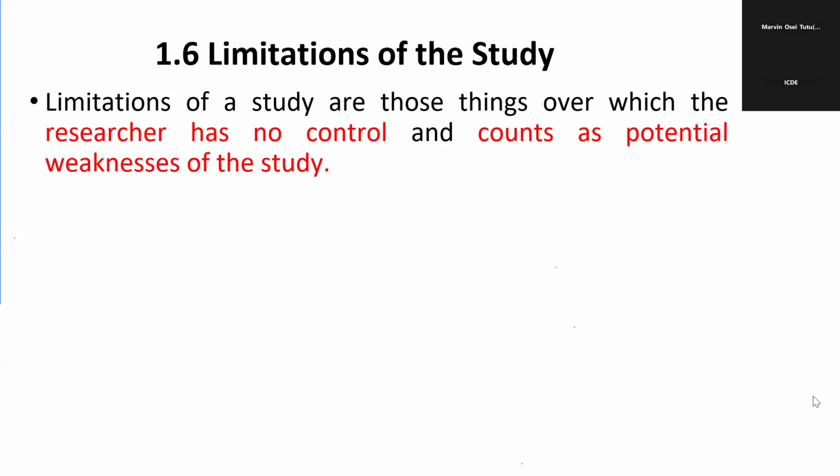So if I did my study at GCTU Abeka campus, my findings do not apply to GCTU Tesano campus. It only applies to Abeka because that is where I did my study. Okay. So limitations are factors you don't have control over, but these factors can make your results or conclusions invalid.